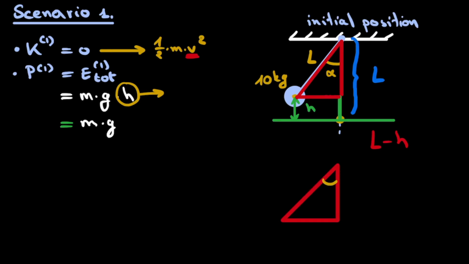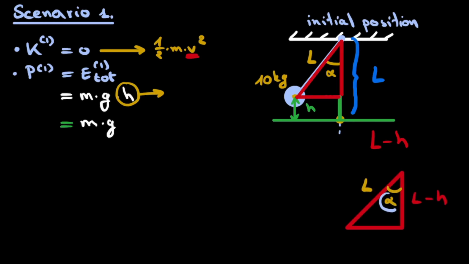We know that this angle is the angle alpha. We know that this length is L and this straight length is L minus h. Reminding ourselves that we need to find this h right here as a function of L and alpha.